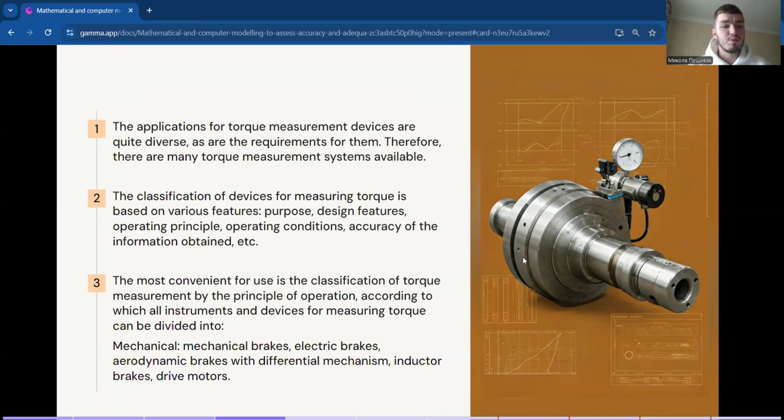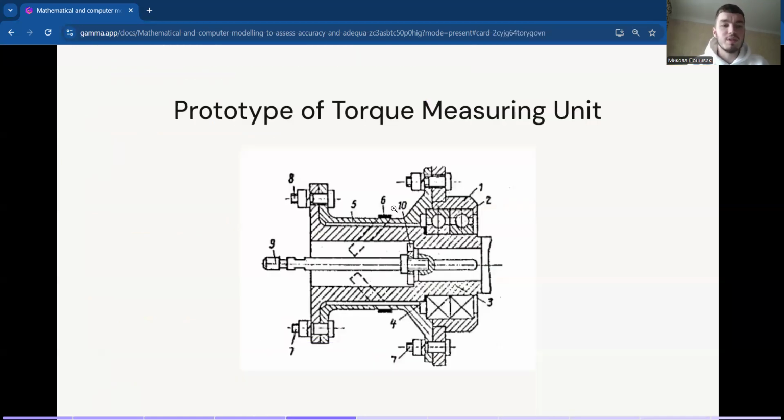The classification of devices for measuring torque is based on various features: purpose, design features, operating principle, operating condition, accuracy of the information obtained, etc. The most convenient for use is the classification of torque measurement by the principle of operation, according to which all instruments and devices for measuring torque can be divided into mechanical brakes, electric brakes, aerodynamic brakes with differential mechanism, inductor brakes, drive motors. And now we can see a prototype of a torque measuring unit.